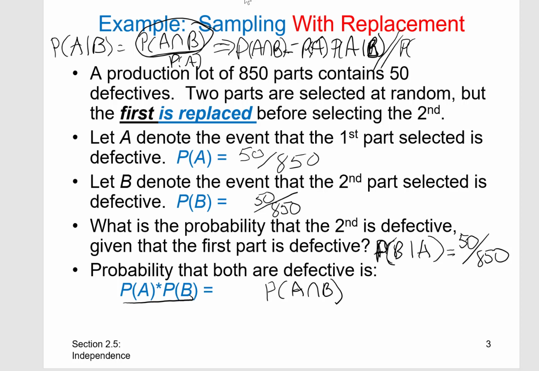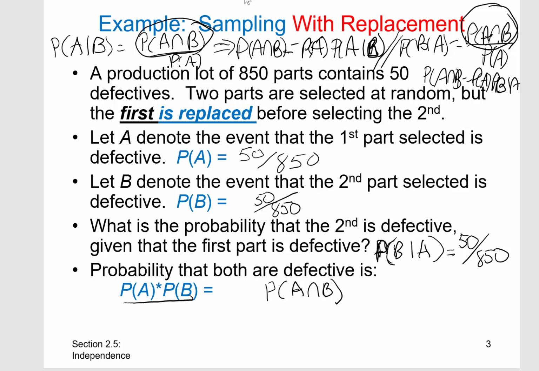I could just say the probability of B given that A occurred, well, that's the probability of A and B divided by the probability of A. So solving for A and B, I'd have the probability of A and B equals the probability of A times the probability of B given A. Now that's the one that I want because I've got the probability of A and I've got the probability of B given A. And I can use that to solve for A and B.